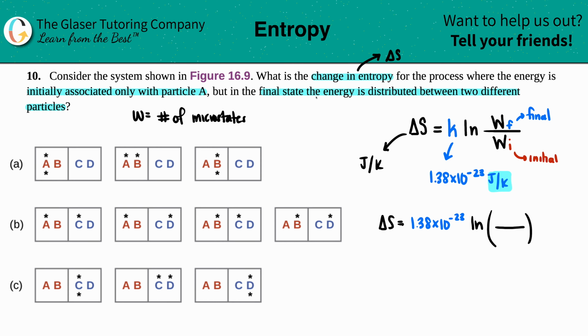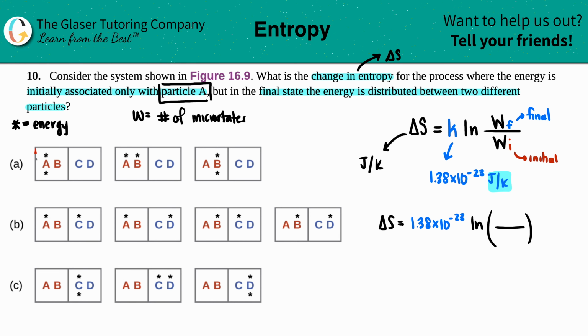Now they did say that initially we were associated only with particle A. So we're looking for those microstates, or the scenarios, in which we only had the energy with only particle A. Do you see how in all of these, there's 4 letters, A, B, C, and D. We only want that energy, and the star in this case is the energy. So for example, for this one, and for all of them, there's 2 stars. That's the energy. We only want these stars to be associated with only particle A.